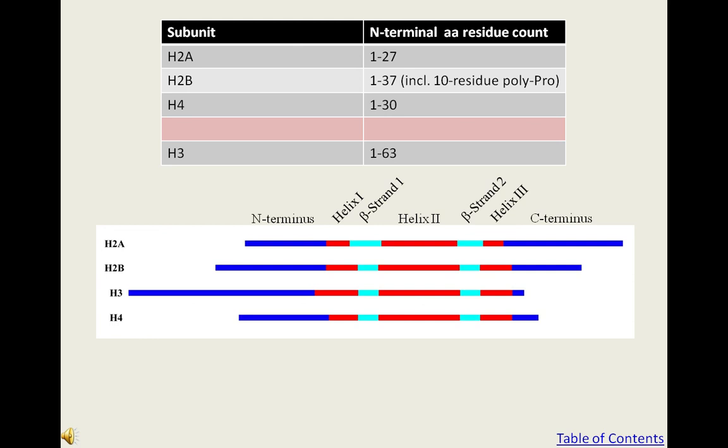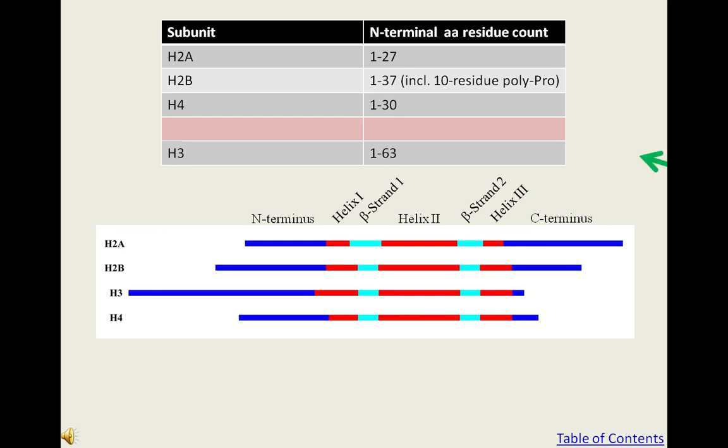As I've pointed out previously, if we were to dismiss the first 10 residues of H2B, which have little DNA binding potential due to their preponderance of proline, then we would have an even greater consistency in N-terminal lengths for these 3 subunits, as all would then contain approximately 30 residues.